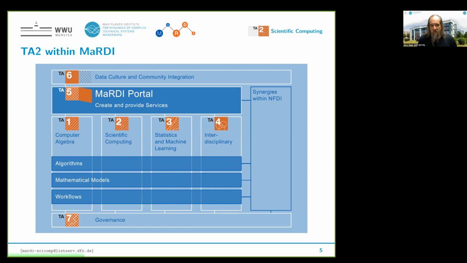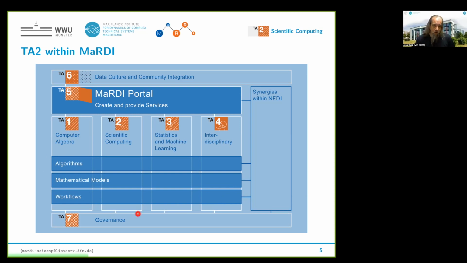And an important ingredient, especially when we think about what the topic of your network is, reproducibility, standardized workflows are an important measure to achieve things like reproducibility in the first place. So workflows are an important contribution in all of these task areas in the first place.